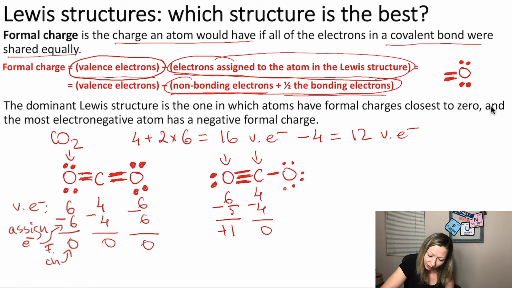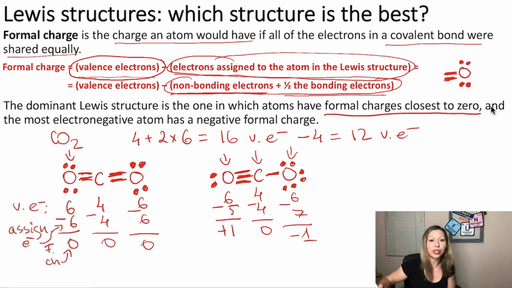And then let's do the last oxygen atom. 6 minus 1, 2, 3, 4, 5, 6, 7, which is going to give me a formal charge of -1. Okay, so we actually need to have, in the dominant Lewis structure, the formal charges closest to 0. So in which one do I have the formal charges closest to 0? In the first structure, right?